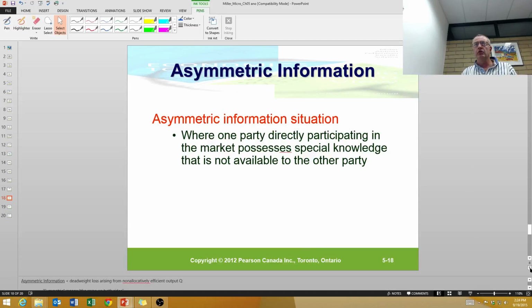So the next example is where we have so-called asymmetric information. Again, if we have an exchange situation where we have asymmetric information, we're going to end up with some deadweight loss, and we're going to end up at a point of non-allocative efficiency on our production possibilities curve.